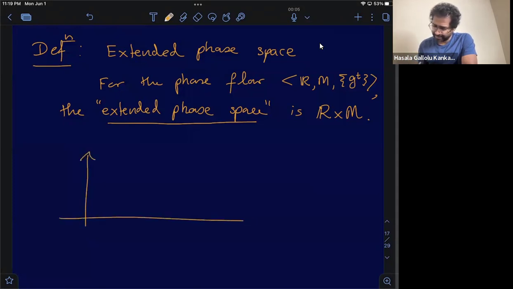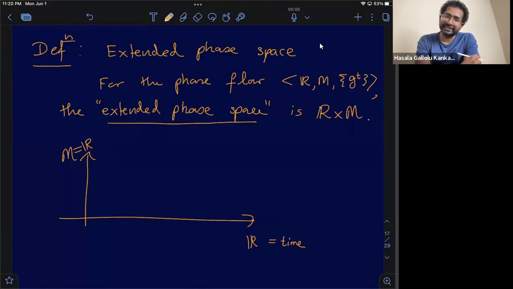If our M happens to be again R at a certain point, but this R is not time R, that is the space R now. And along this is exactly the time that we consider. So now if you try to consider the motion, right? So there is a point.